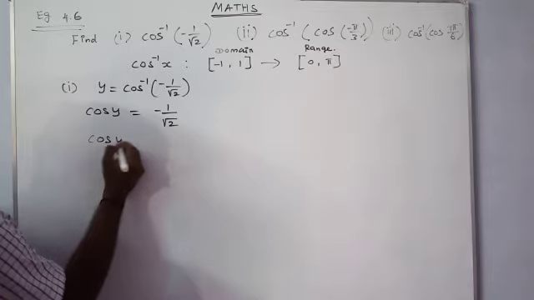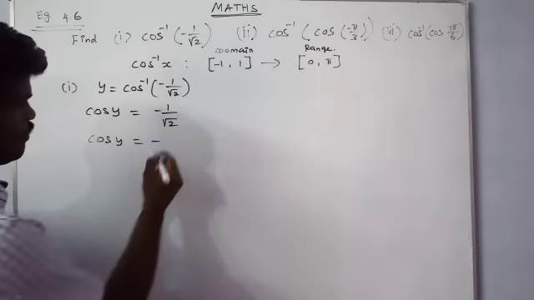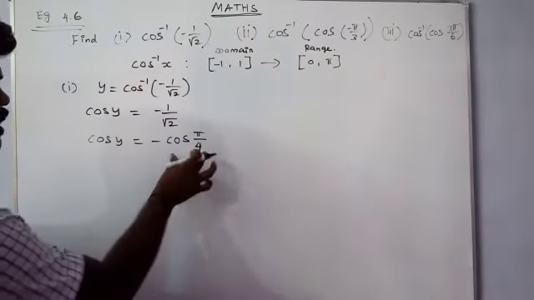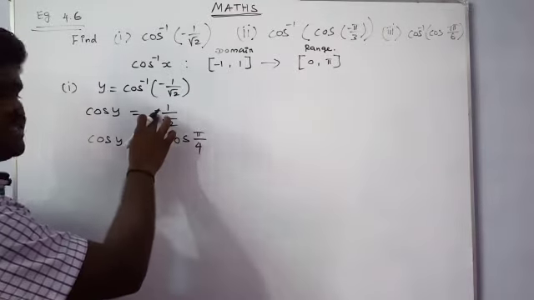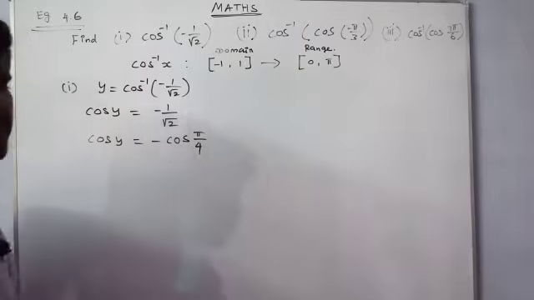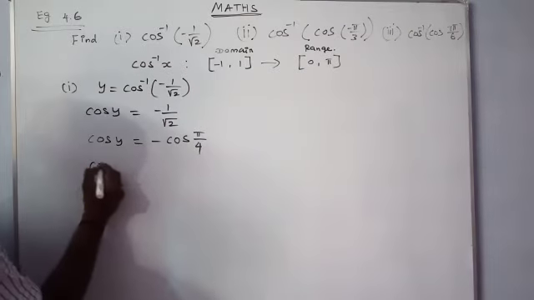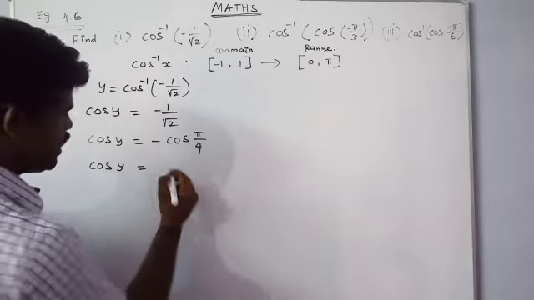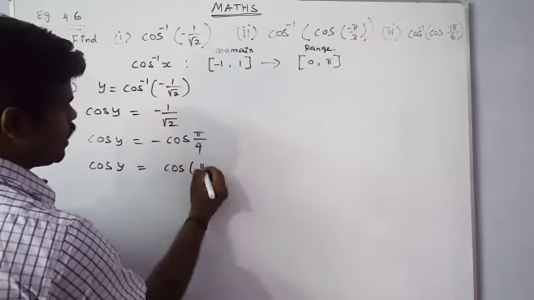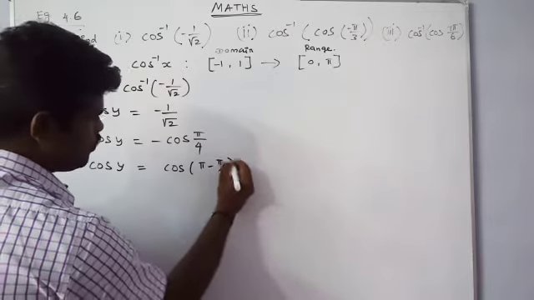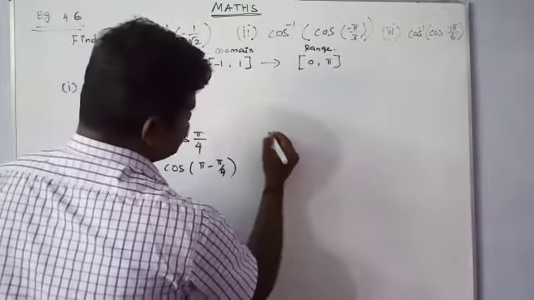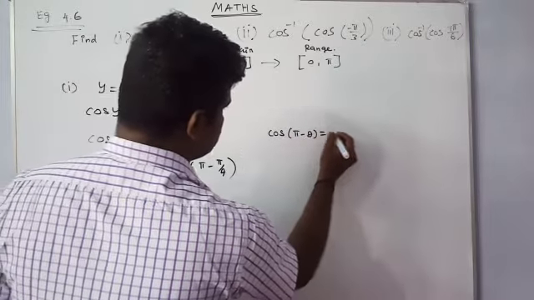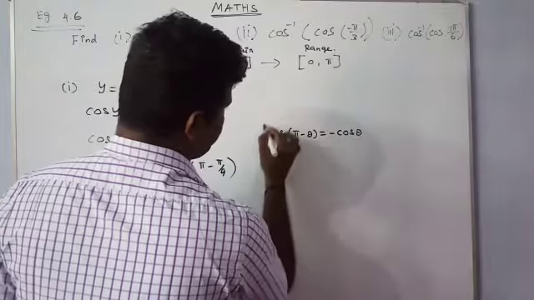Now cos y is equal to minus 1 by root 2. Take the minus outside; the value must be cos pi by 4. Cos pi by 4 is 1 by root 2, and the minus is there, so minus cos pi by 4. Here cos y is equal to minus cos pi by 4, which can be written as cos of pi minus pi by 4, because you know cos of pi minus theta is equal to minus cos theta.